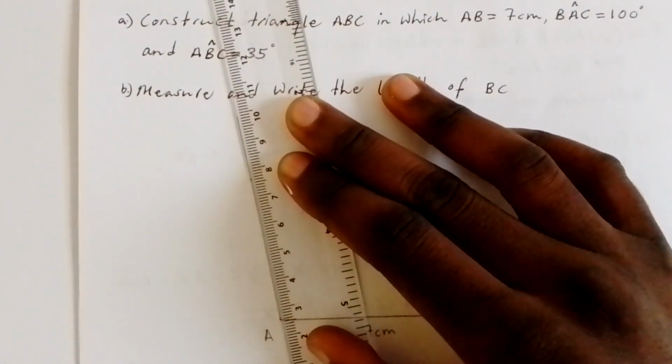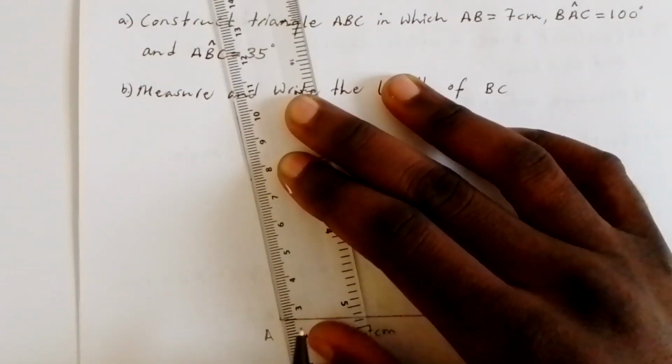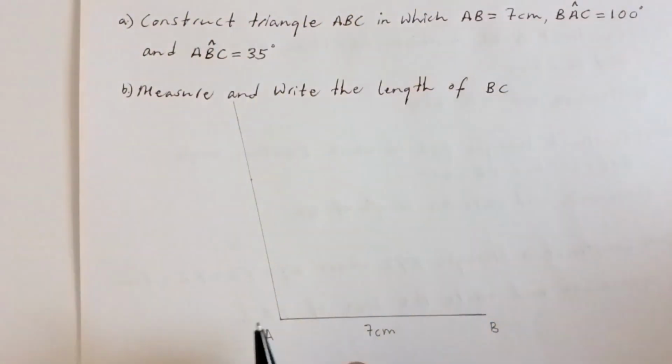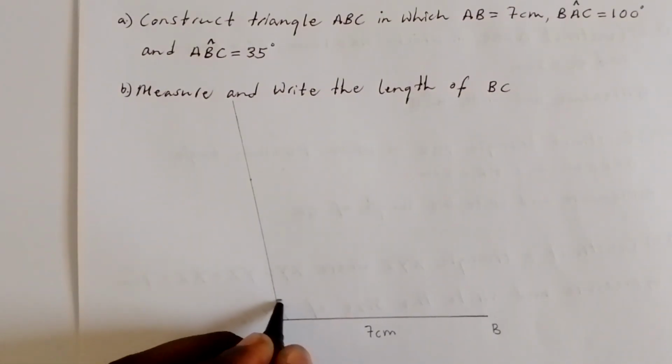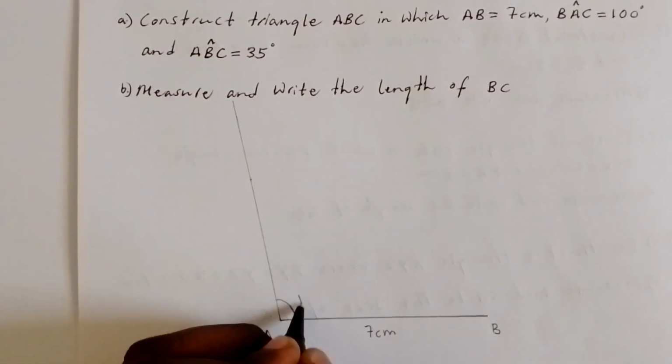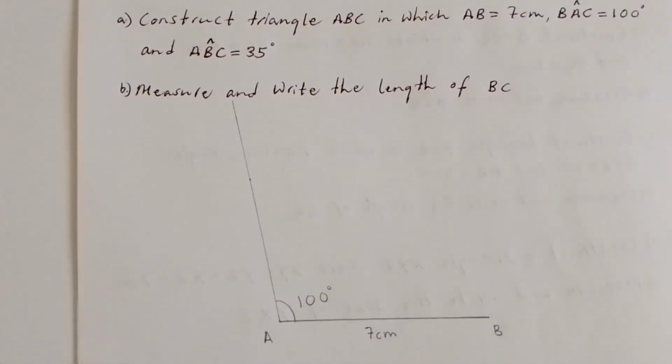We've noticed the length has not been specified. So you can draw something reasonably long enough so that it helps to deal with the other one. So this is 100 degrees, the angle BAC.